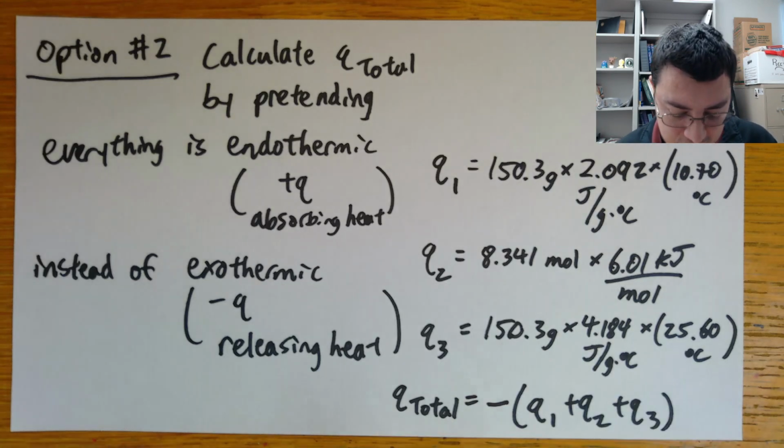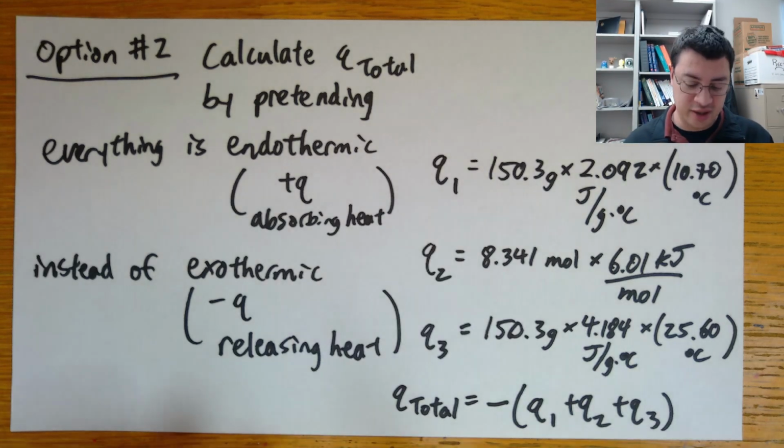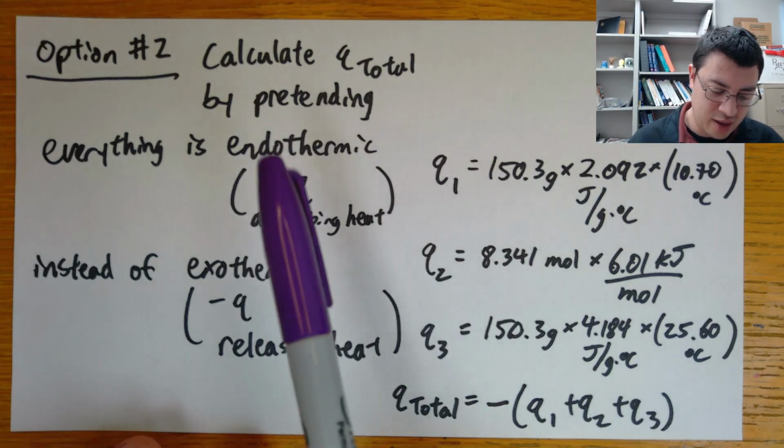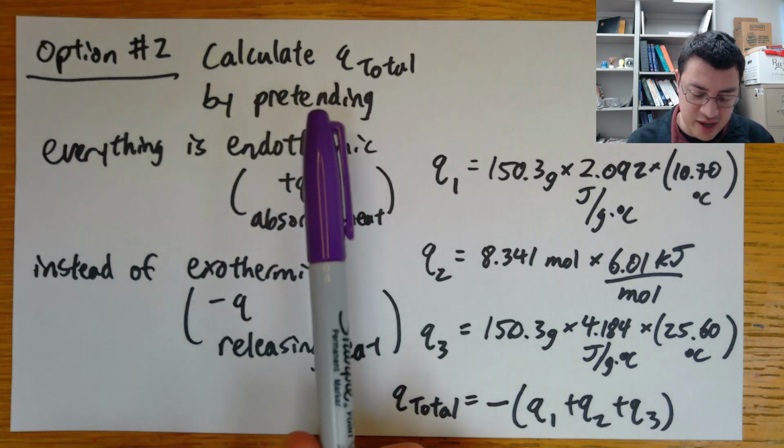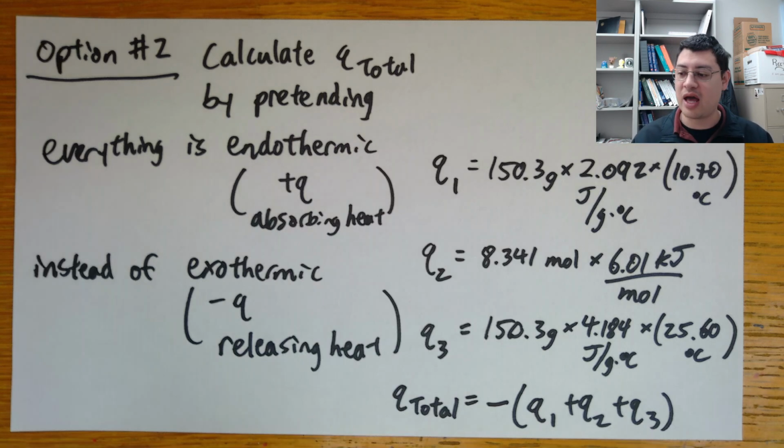Okay, let me write out what I mean by that. Okay, here's the other method. I'm not going to show this in full detail, but some people have an easier time thinking in positive numbers. So what we could have done is we could have pretended that instead of cooling down water into ice, we could have done the reverse.